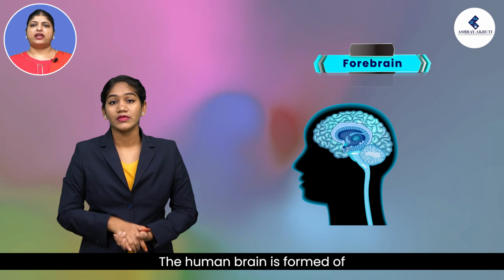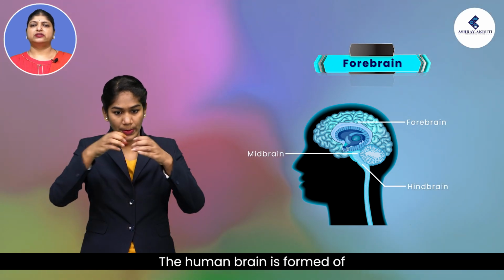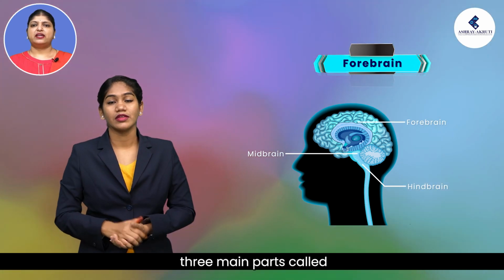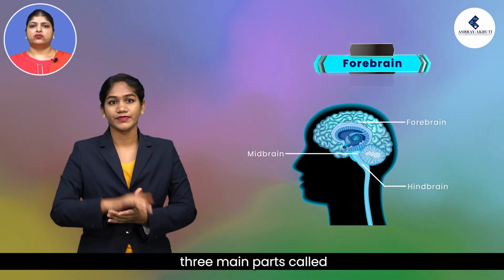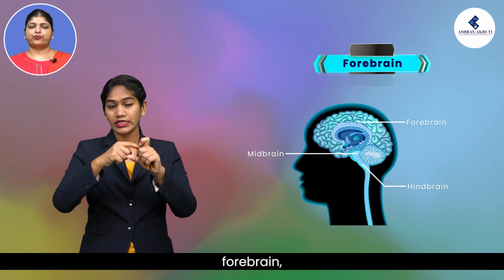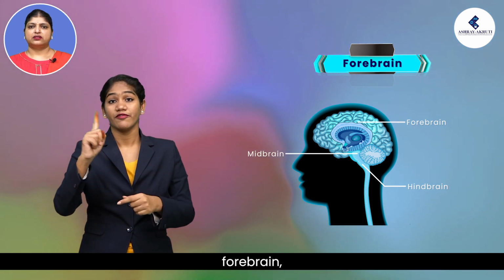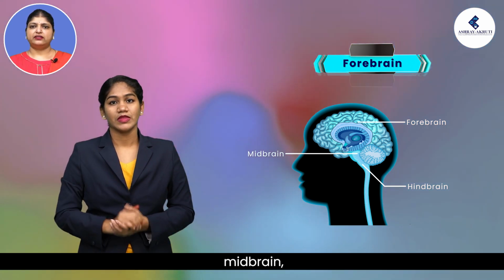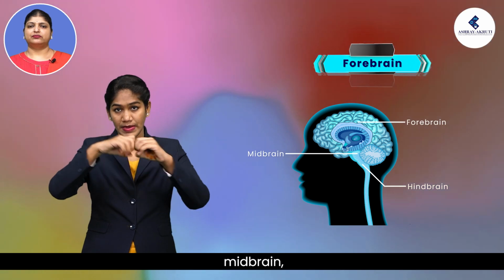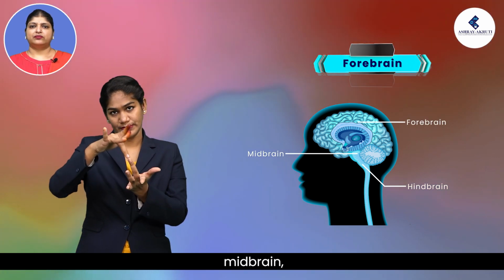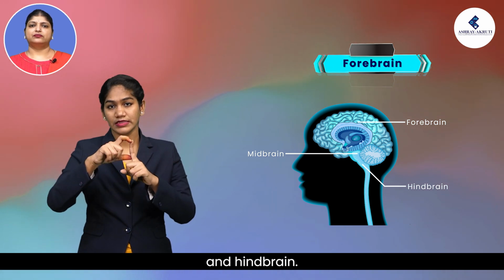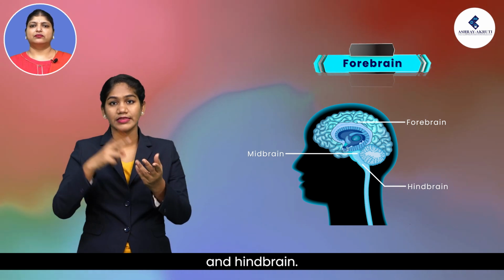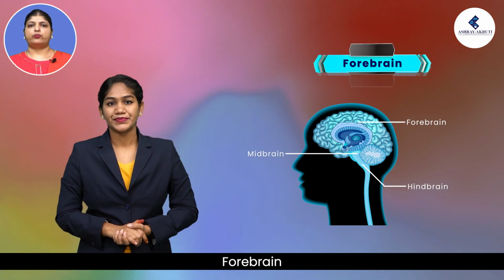The human brain is formed of three main parts called forebrain, midbrain, and hindbrain. Forebrain.